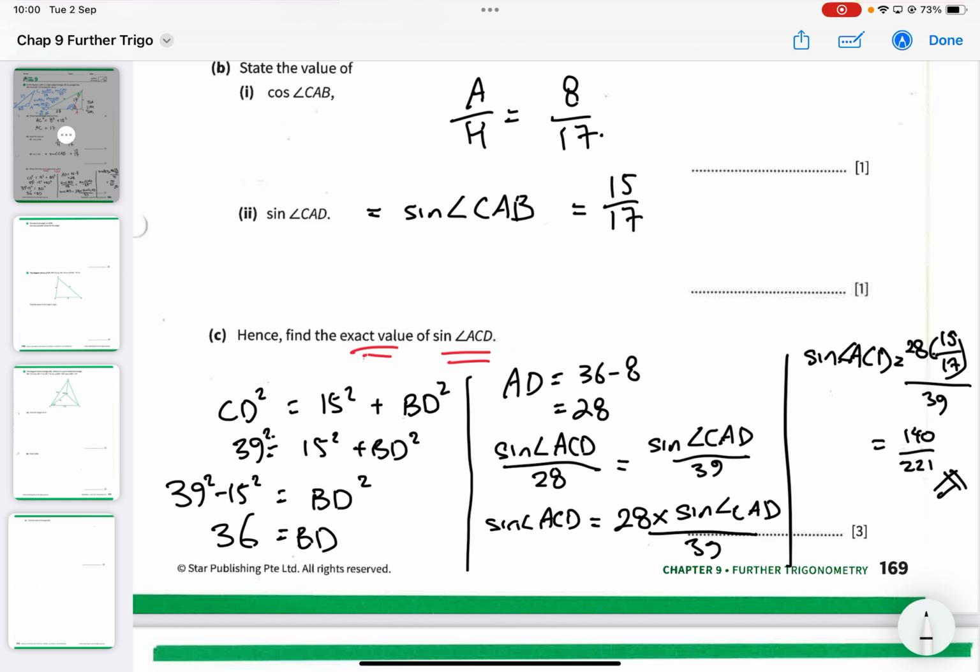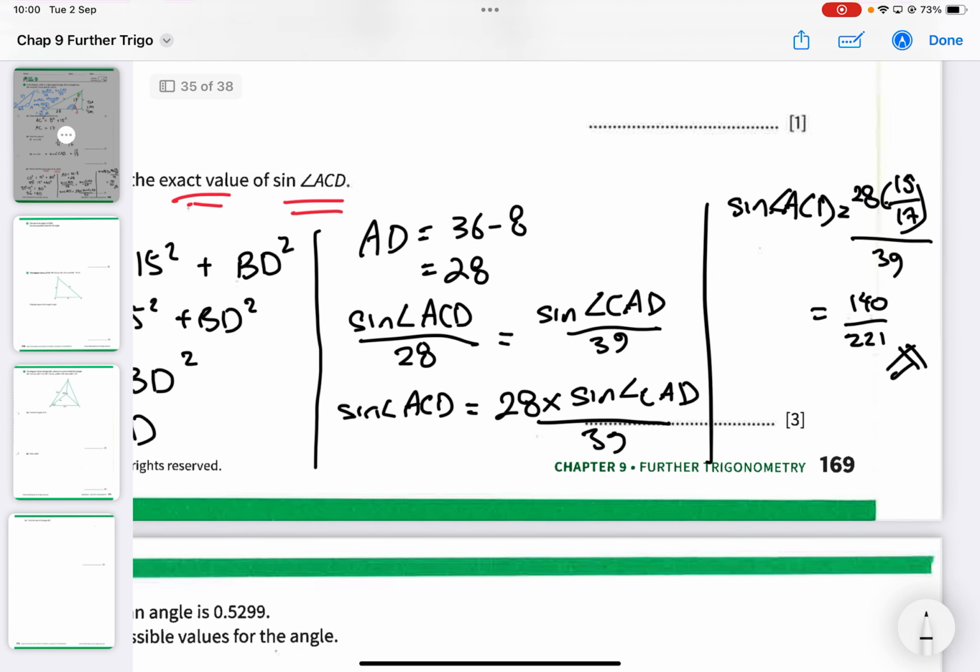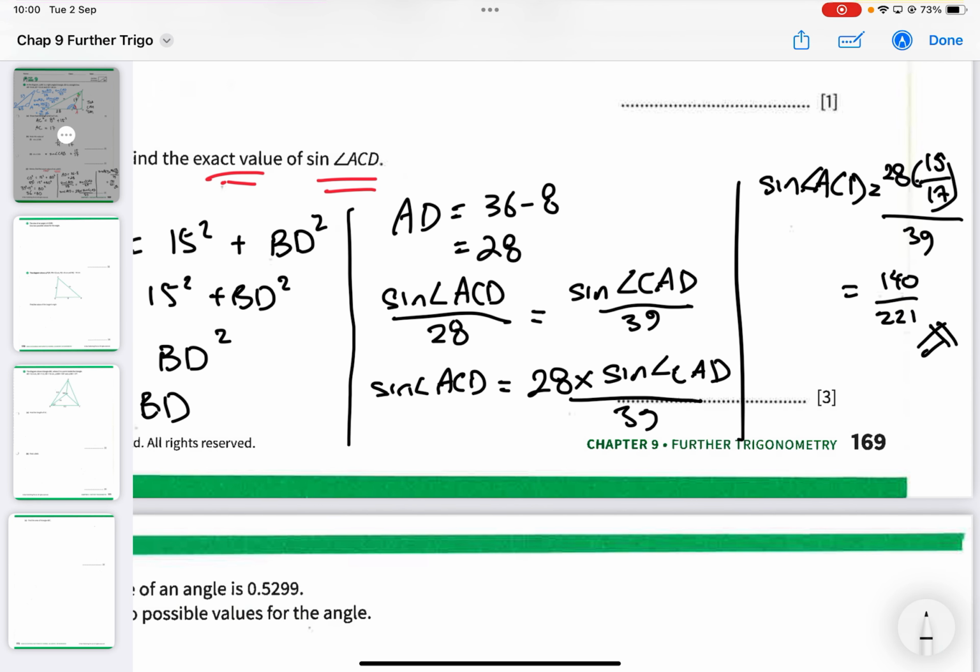Just now I wrote beside the triangle to show you how I get it. So the actual thing is like that. Using sine rule, then I multiply 28 over, and this sine value is what I found in part B. So I just put in from part B, 15 over 17.